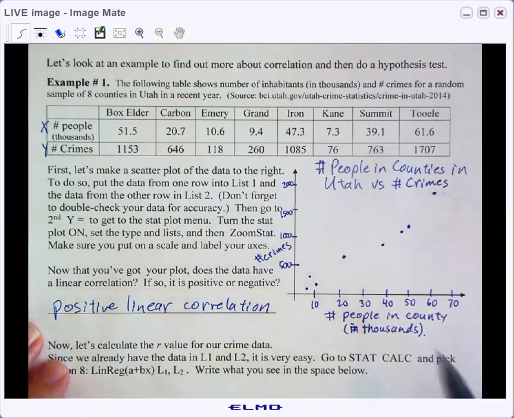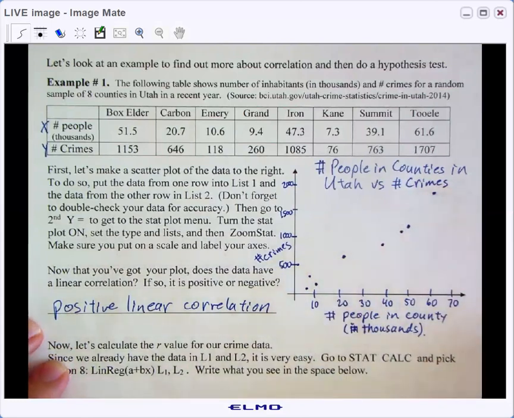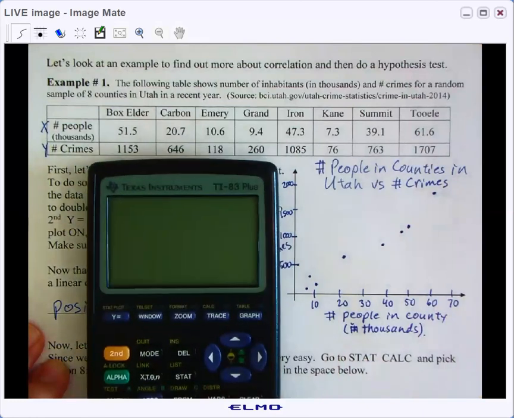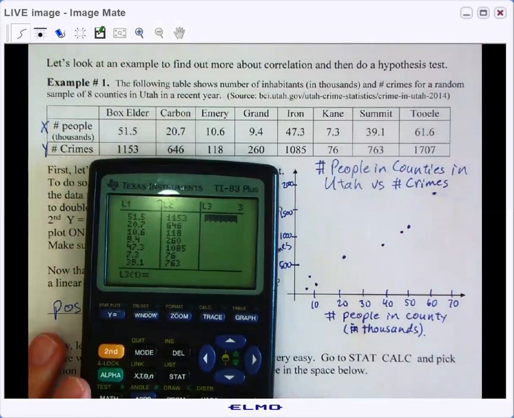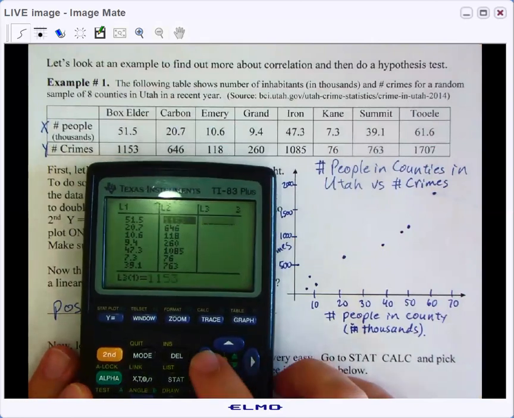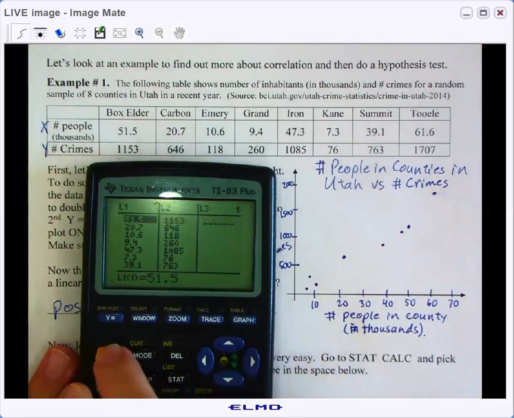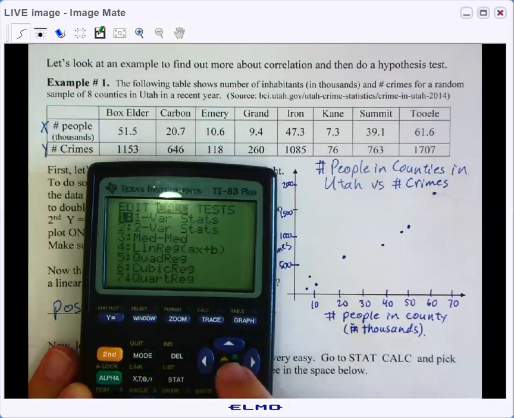All right, now we want to find out what the R value is, just how strong that positive linear correlation is. So we're going to put our calculator to work here. I've put the X and Y data in list 1 and list 2. Now, let's go to stats, calculate.